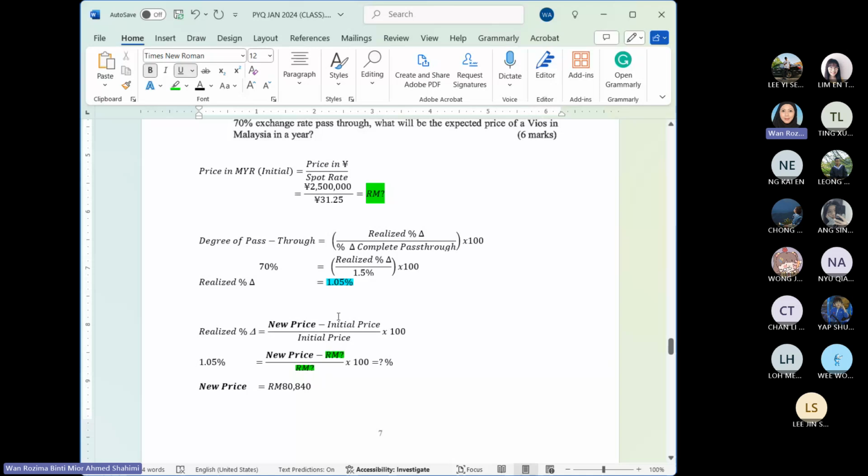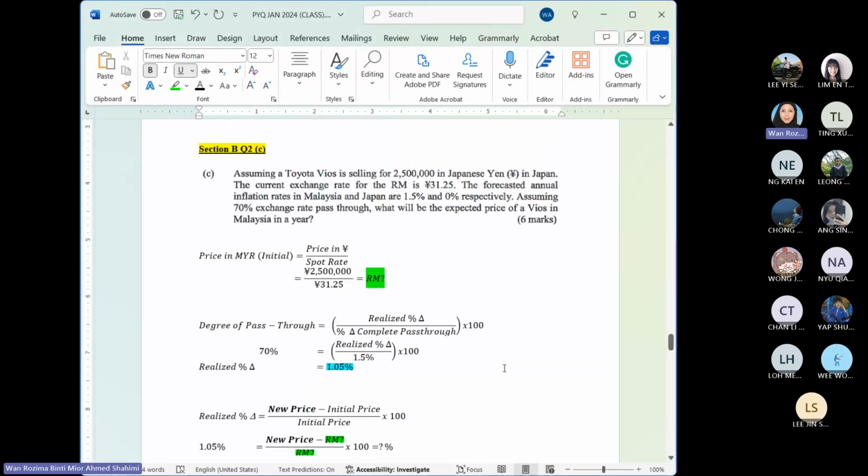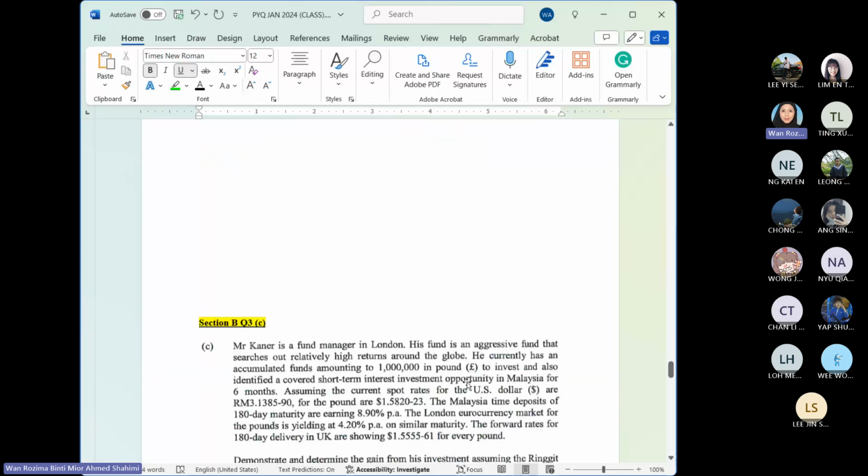So the initial price, whatever your answer is on top, based on my calculation you get 80,000. Put 80,000 on both sides, upper and lower part here, leave the new price that we need to solve, and the realized percentage change of 1.05% is the answer from step 2 just now. Then you will get a new price of 80,840 ringgit. So that's how you solve section B, question 2C, the last one.